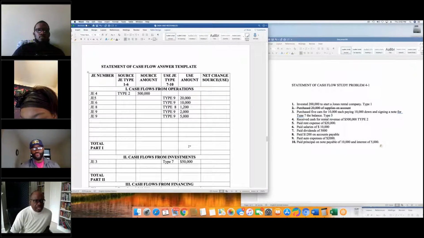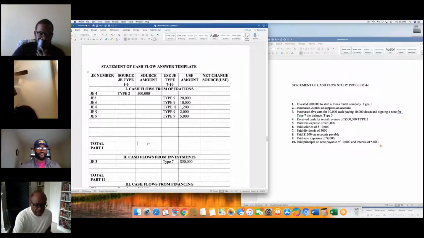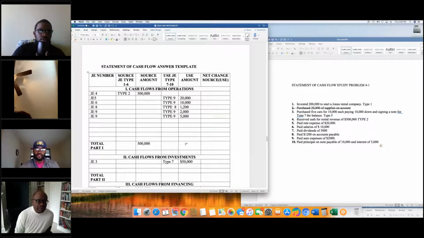So now we're going to look at the net changes in each area. Going to part 1, we add up the sources: 500,000. And how much are the uses? 38,200.